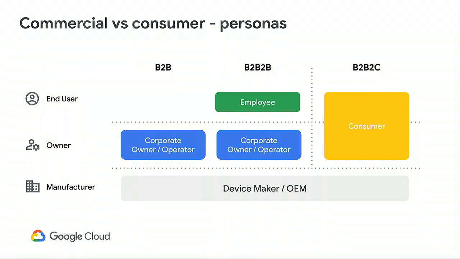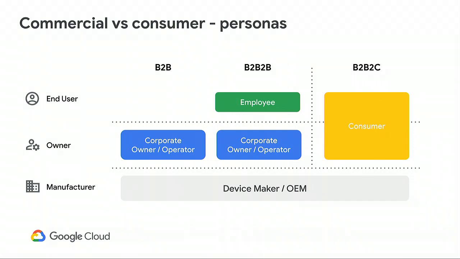When it comes to the owner of the devices, so who owns the device? In case of B2B, this is trivial. It's the customer of the cloud service provider, so it's a corporate owner or an operator. And there is no end user in case of B2B. In the other two categories, there are end users.